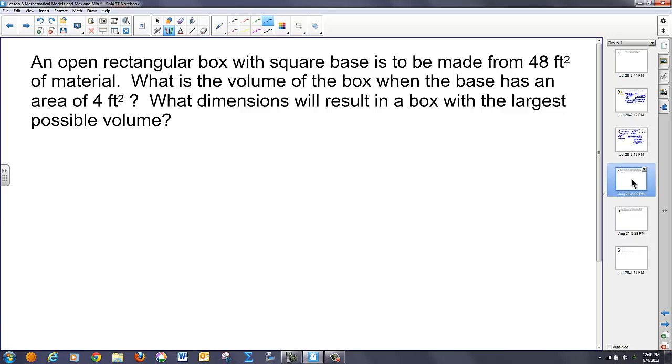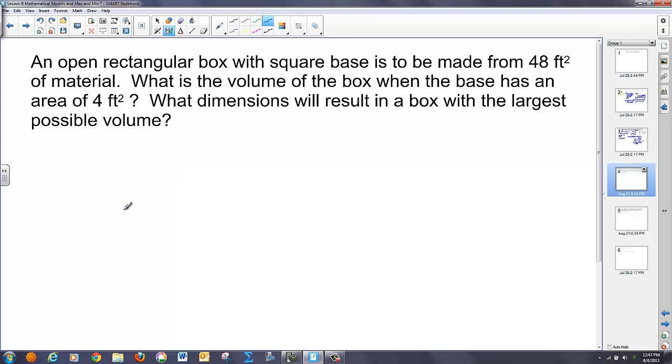In the next question, we've got an open rectangular box with a square base, and it's to be made of 48 square feet of material. So basically what I need to do is draw a picture of this. My drawing's not great, but here we go. I'm going to draw a box.